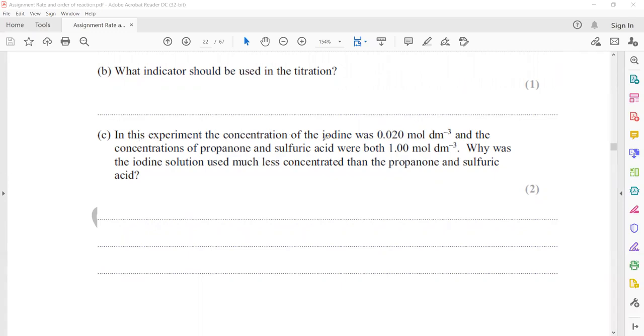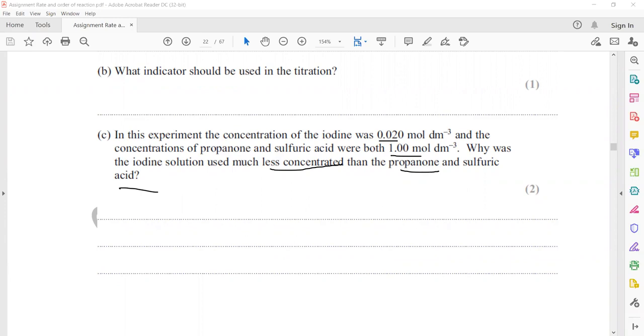In this experiment, the concentration of iodine is 0.02 and the concentration of propanol and sulfuric acid both are 1. Why is the iodine solution used much less concentrated than propanol and sulfuric acid? So it's the same reason like why we have excess of propanol and sulfuric acid.